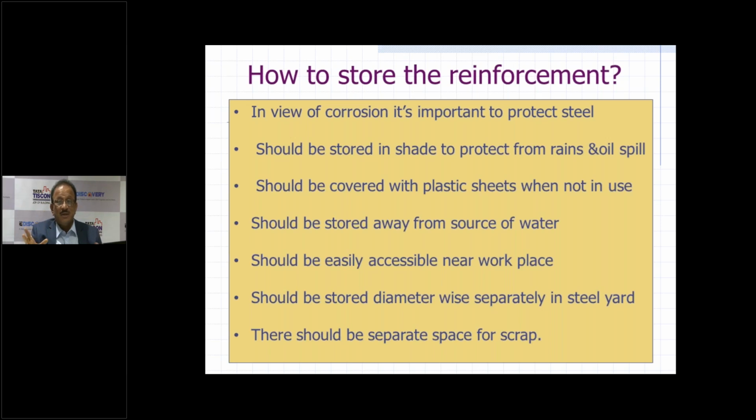Correct? Because when you cut the bars and use them for reinforcing purposes, you are bound to generate some scrap. So the scrap should not be scattered on the site haphazardly. It should be stored properly, and a separate space has to be designated for storing the scrap, so that it can be disposed of conveniently.